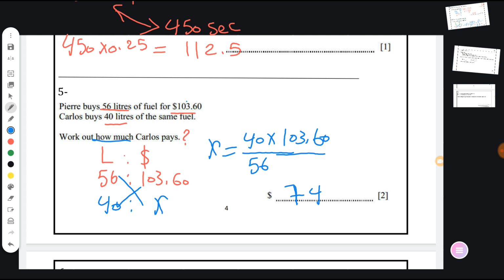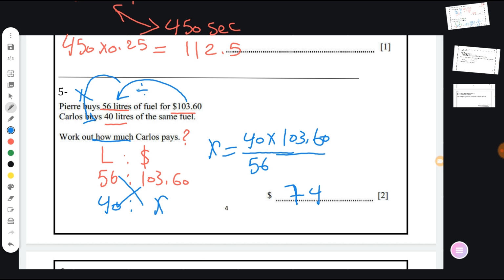You can divide the amount of money by 56 liters to find the cost for 1 liter of fuel, then multiply that result by 40, which will give you the same answer. If you don't want to use a calculator, you can divide the money by 56, then multiply by 40.